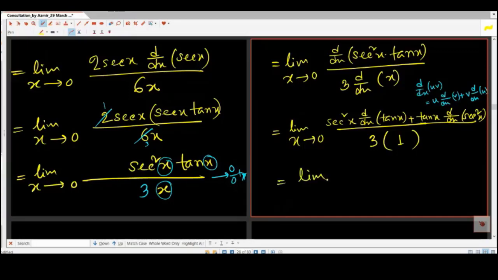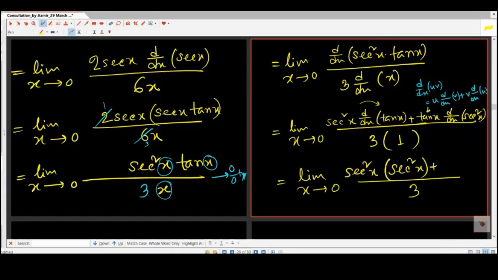So limit x tends to 0, we have 3 here, secant squared x, differentiation of tan x. Differentiation of tangent of x is nothing but secant squared x, plus we have tan x, and again we have differentiation of secant squared x.